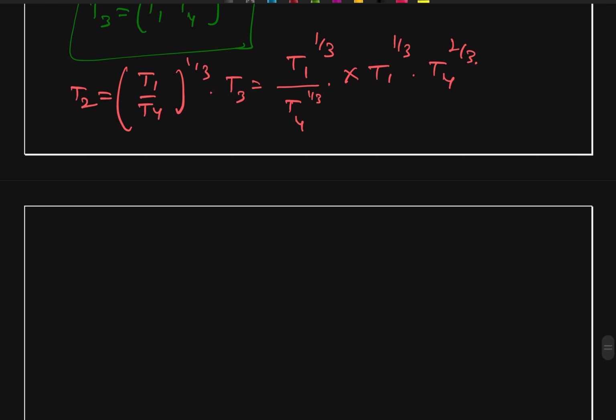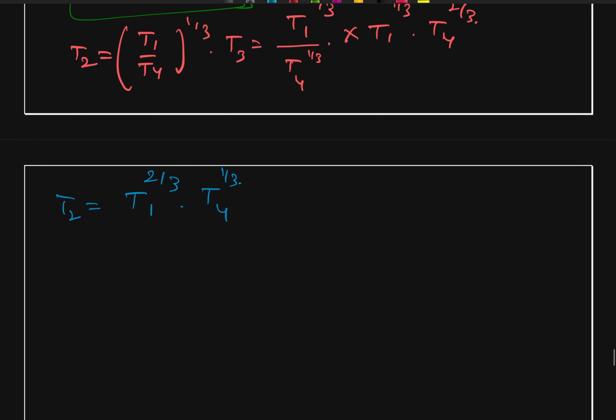So T2 is equal to T1, this will be 1 by 3 plus 1 by 3, which will be giving us 2 by 3. And we have T4, this will be 2 by 3 minus 1 by 3, giving us 1 by 3. Therefore, we can write T2 is equal to T1 square T4 whole raised to power 1 by 3.